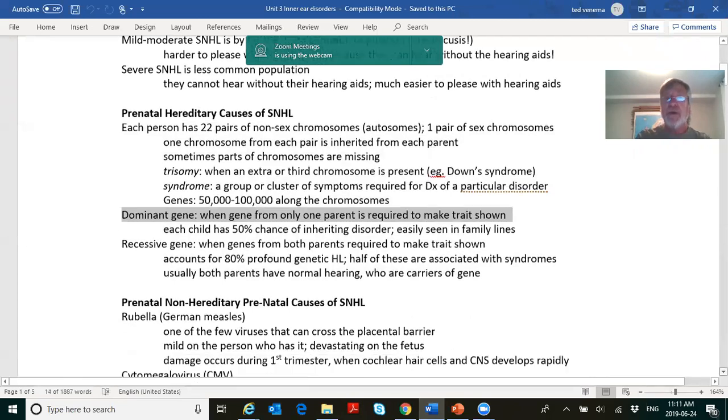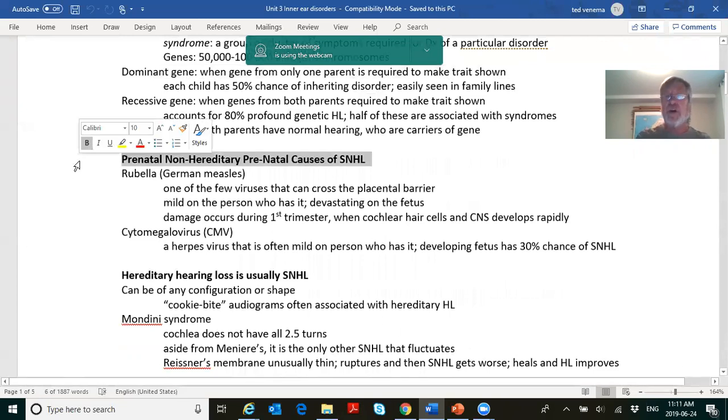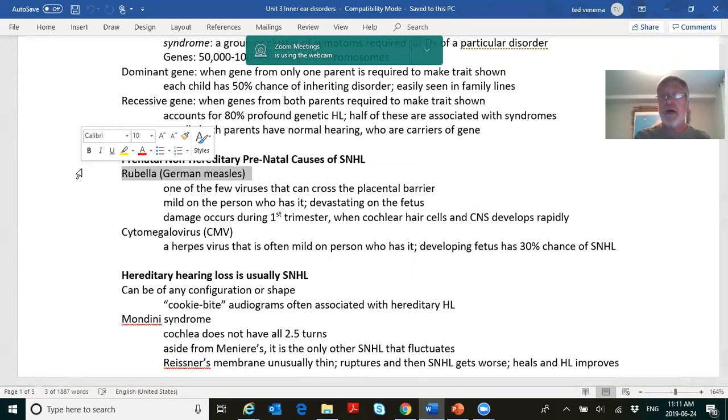Next. But you can also have prenatal or pre-birth, non-hereditary causes of sensory neural loss. Look what I write here. Prenatal, non-hereditary, prenatal causes of the Department of Redundancy Department. I think I have one too many prenatals in there. Anyway, mom may have had German measles while carrying the baby. Now, mom's symptoms may not have been much, but it will wreak havoc on the cochleas of the developing fetus inside mummy.